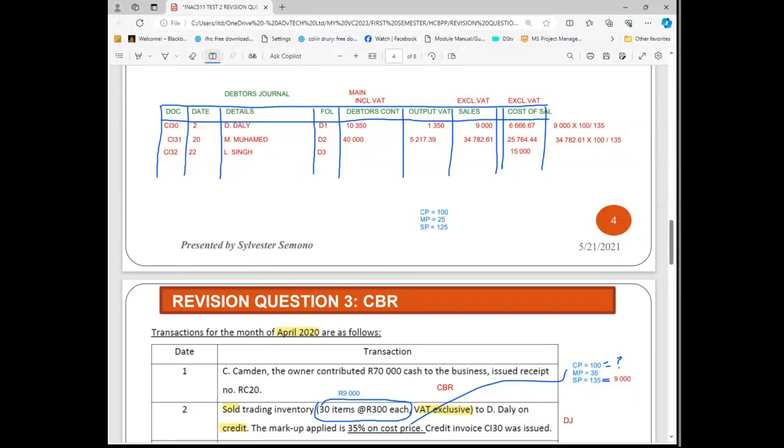And then the question mark is going to go by the SP, because we're looking for the sales amount. And then the CP is the 15,000.